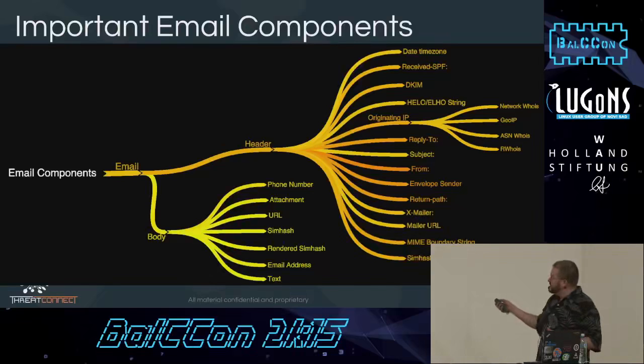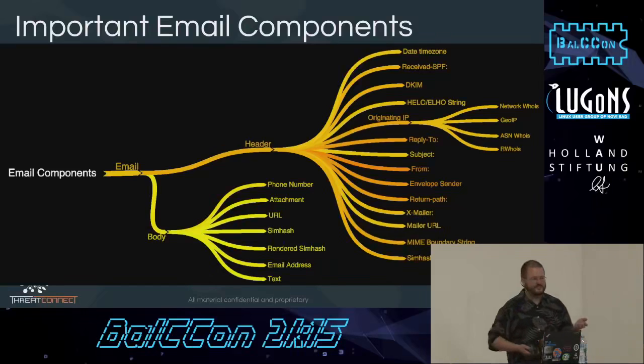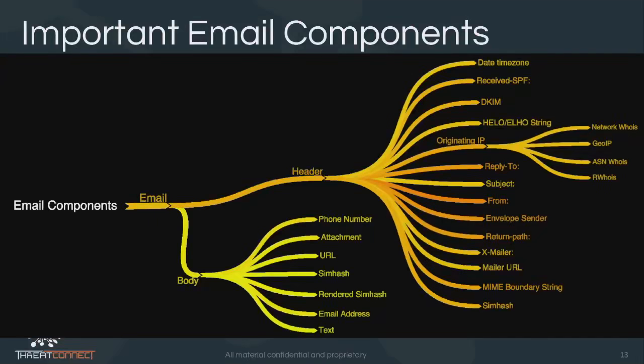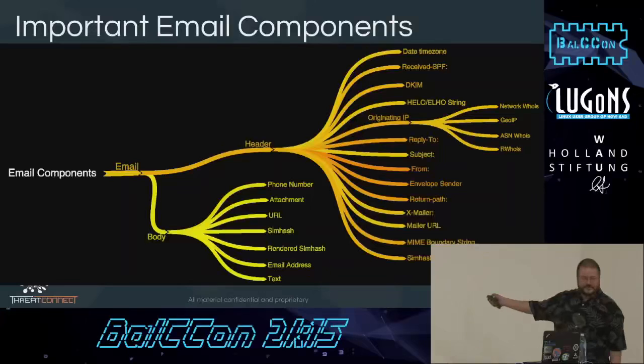So then envelope sender. This is a little bit different than the from address. When you have an SMTP session, the connection goes through the EHLO at the beginning, and then it says RCPT TO and MAIL FROM. The email address that is put into MAIL FROM is found here in the envelope sender.